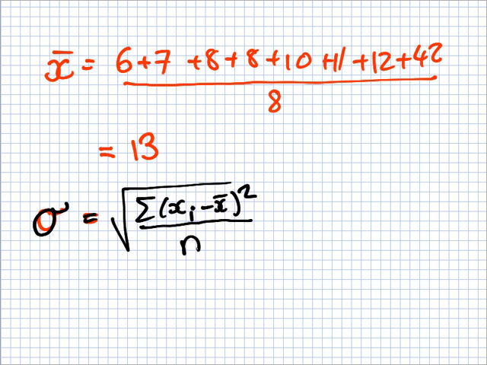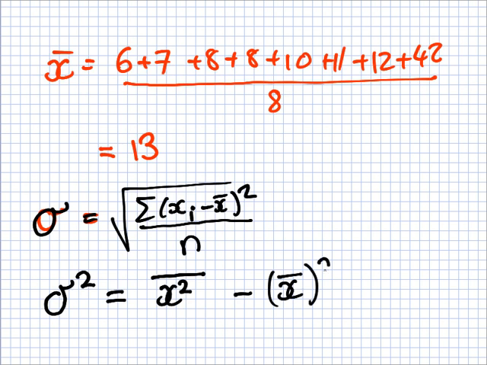Okay? But the second formula, which I think is a little bit easier and a little bit quicker, is this one. Standard deviation squared equals, now let me just make sure I remember this correctly, the mean of x squared, minus the mean of x, squared.